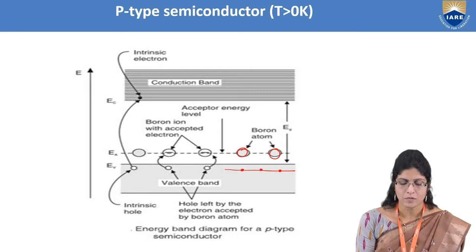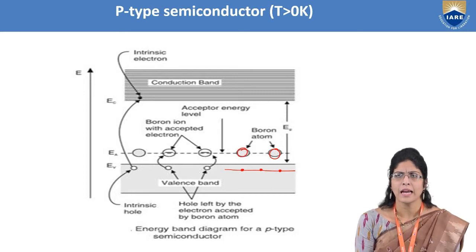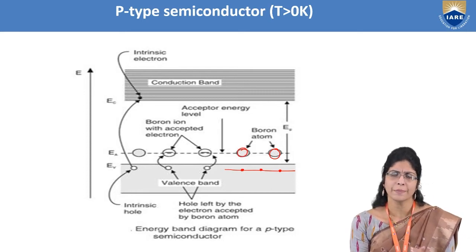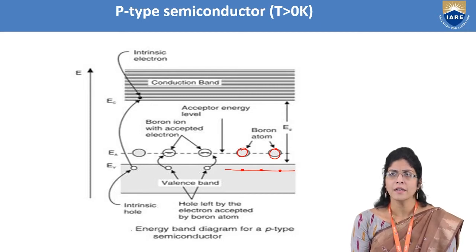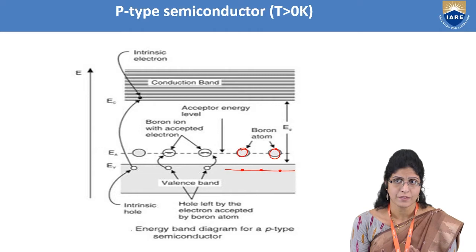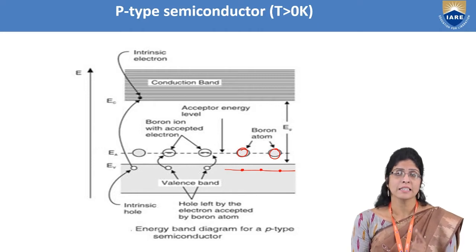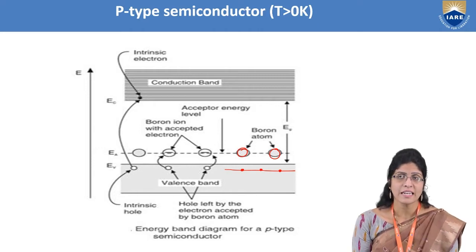Now, I am slowly raising the temperature. At the initial rise of the temperature, what will happen? The boron atom is very near, with one vacant site, right? If you're recollecting, it has one vacant site. Vacant site in the sense a positive charge.